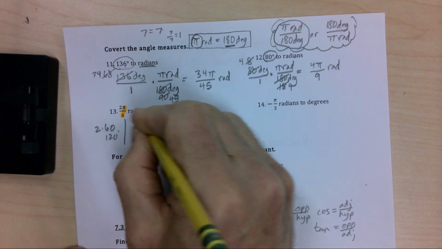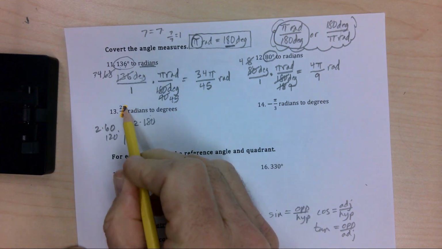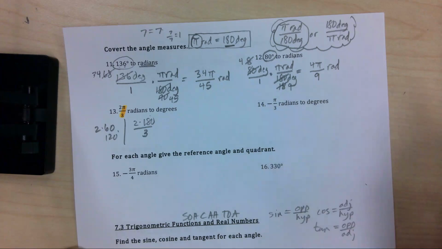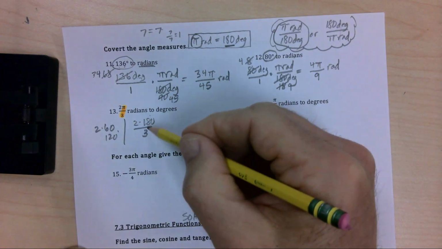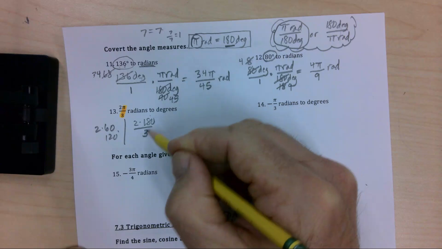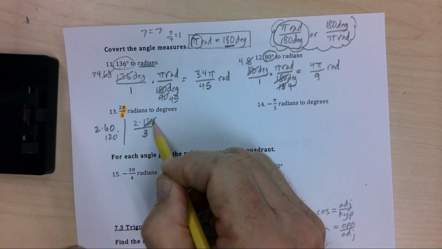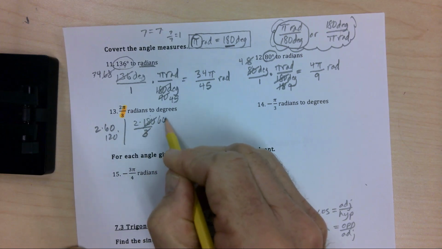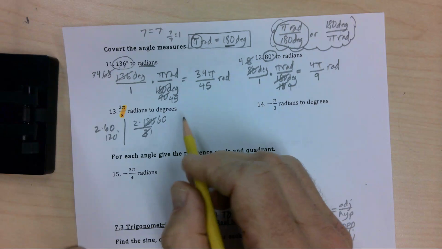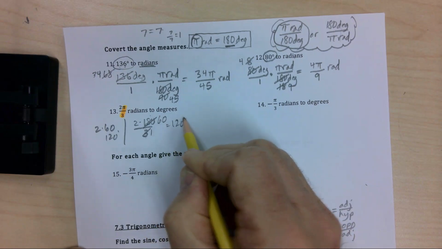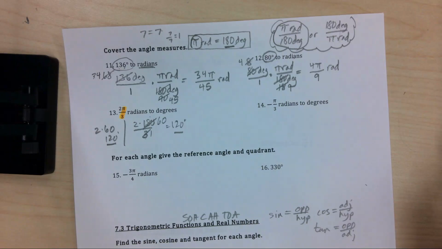You're just going to stick 180 in for pi and then divide by 3. The danger in this method is some of you are going to try to divide both ways, but that doesn't work here. We're going to divide the 180 by 3, leaving me with 60, and this turns into 1, and that would give me 120 degrees. Same thing as we did that way.